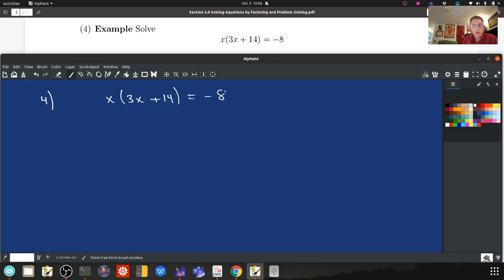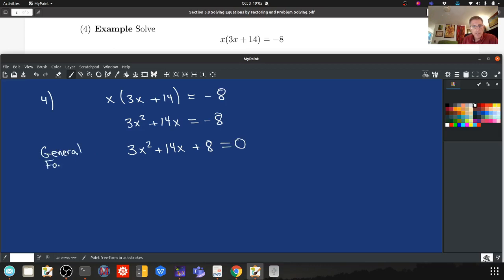Well, we just saw what we needed to do here. So x times 3x is 3x squared. X times 14 is plus 14x, and that's equal to minus 8. I need it in general form, so I get 3x squared plus 14x, and I'm adding 8 to both sides, and I'm good to go. I'm in general form.